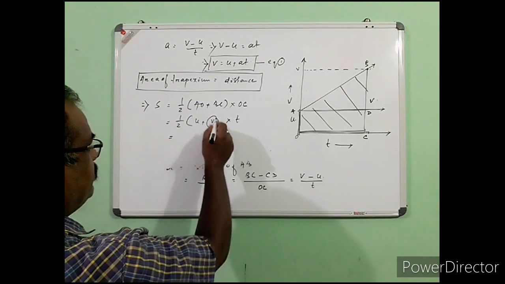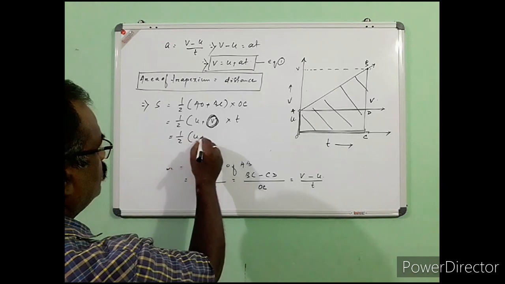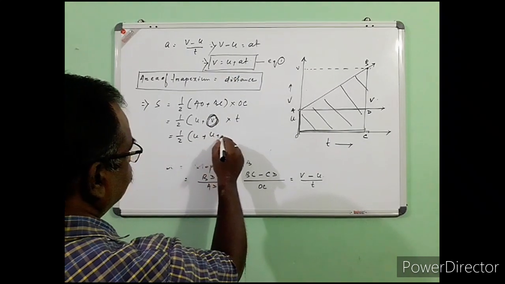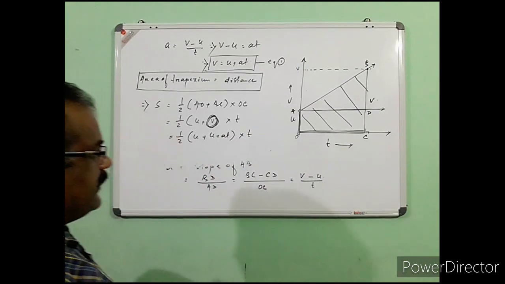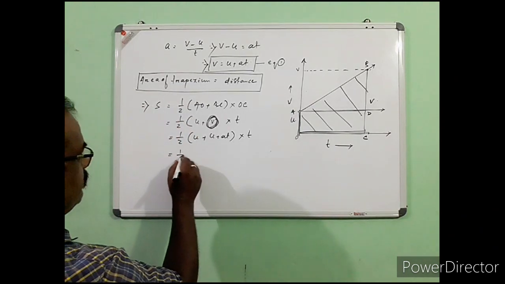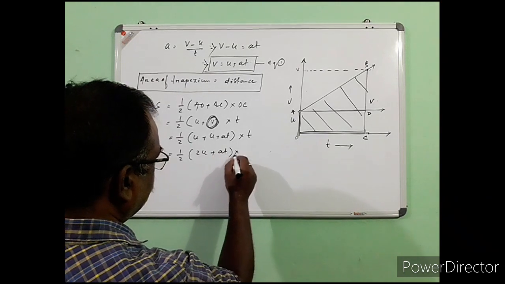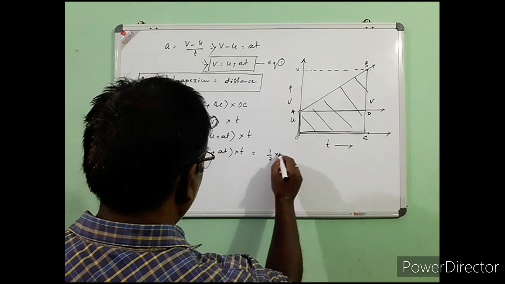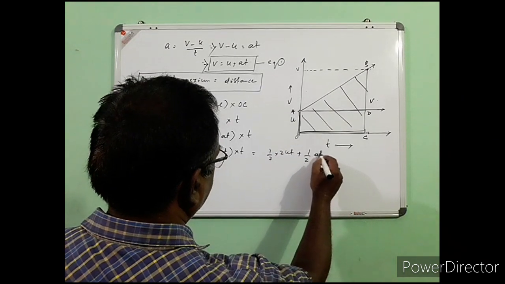So replacing the value of V here, we get half into (U plus, in place of V, U plus AT) into T. From this expression this is equal to half into (2U plus AT) into T, which equals half into 2UT plus half into AT square.